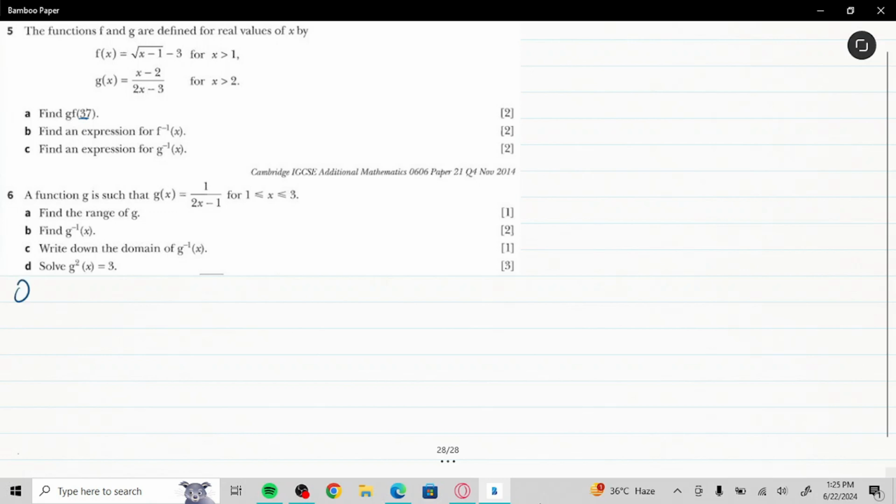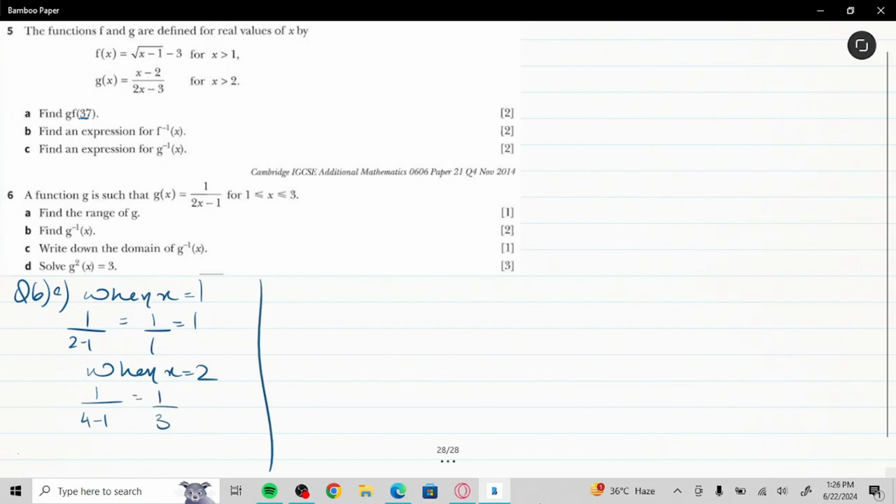So question 6, part A. When x is equal to 1, we have 1 upon (2 minus 1), which is 1 upon 1, which is 1. Then x is equal to 2. We have, what do we have? Please wait a second. When x is equal to 2, we have 1 upon (4 minus 1), which is equal to 1 upon 3.